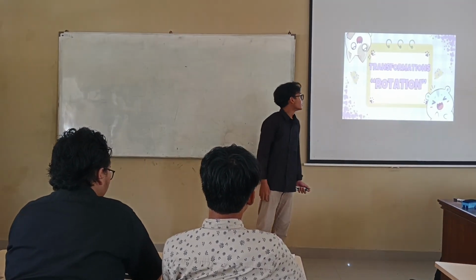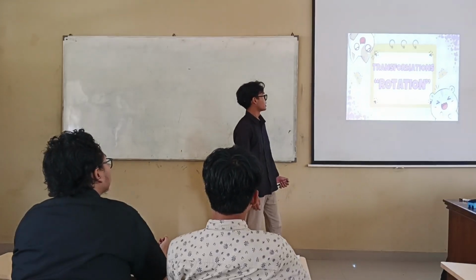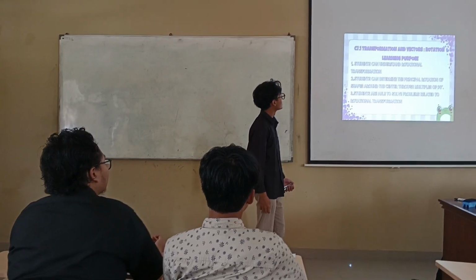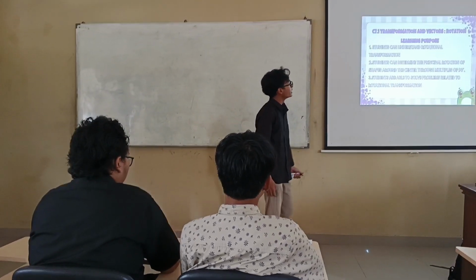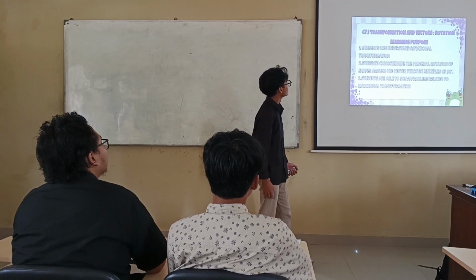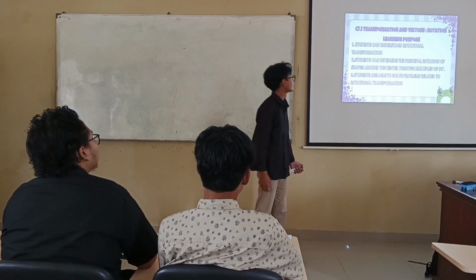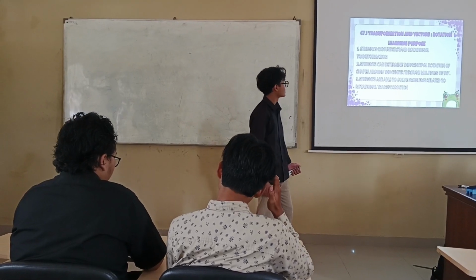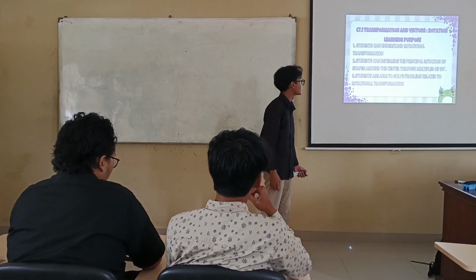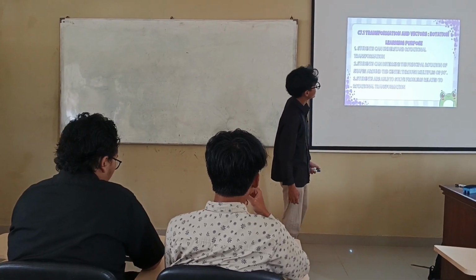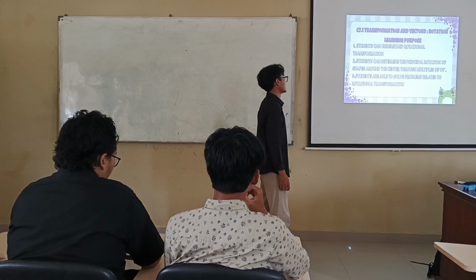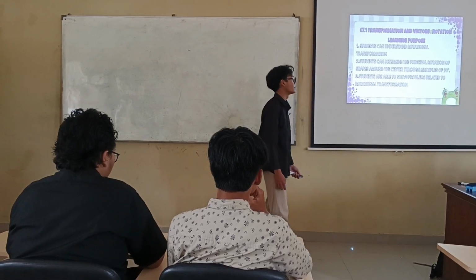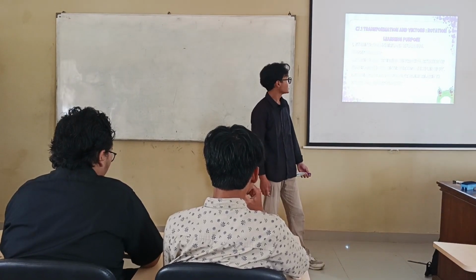So today we will learn about transformation rotation. The purpose of the lesson is that students can understand rotational transformation, can determine the principal rotation of a shape around the center through the multiples of 90 degrees, and are able to solve problems related to rotational transformation.